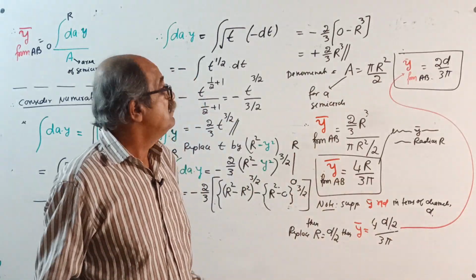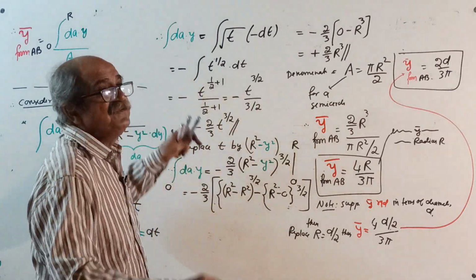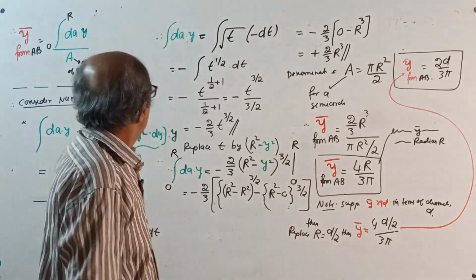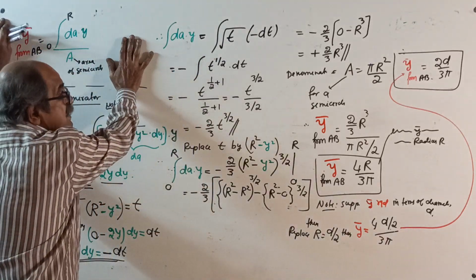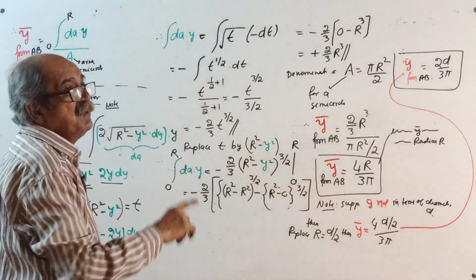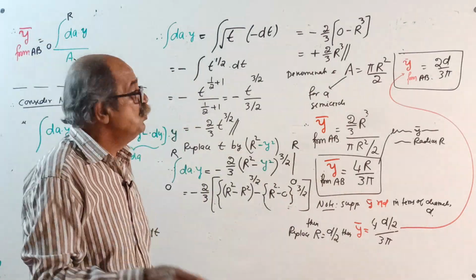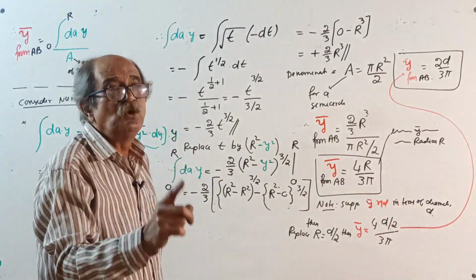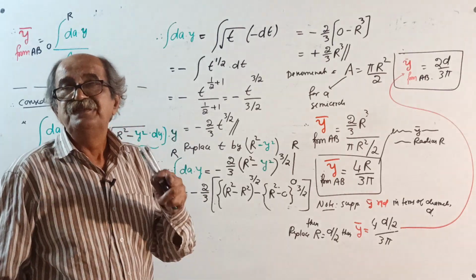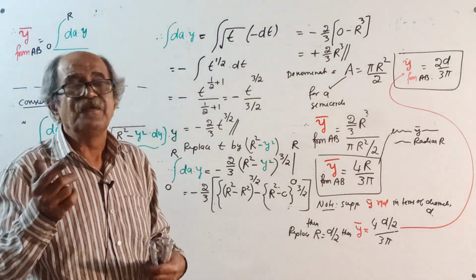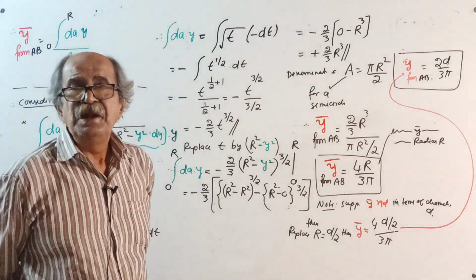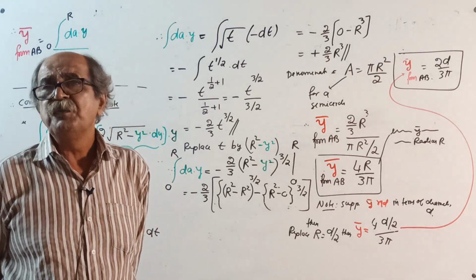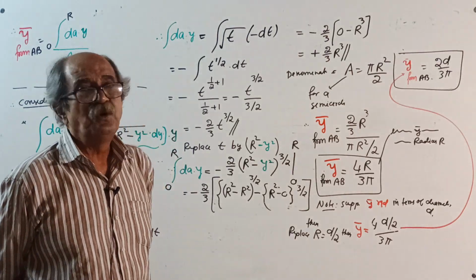There's a reason. I just now finished centroid for semicircle by approach 1. Now I will do centroid for quadrant of a circle also by approach 1. Next class I will go for centroid of a semicircle once again by approach 2, and centroid of a quadrant of a circle by approach 2.